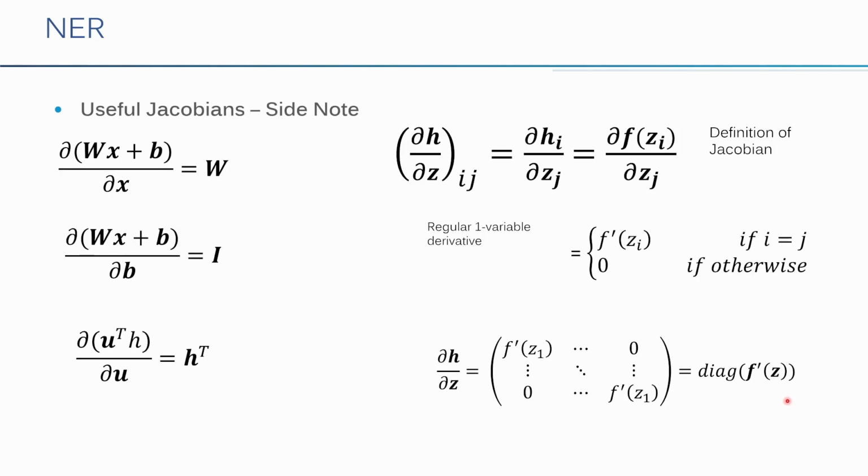And if we do this here, you will find out that every time i equals j, in this case the diagonal term, we do the partial derivative of h_i with respect to z_j. And if that's not the case, we simply mark 0 for all the other cases. And this will give us what we call the diagonal of our function with respect to z here.